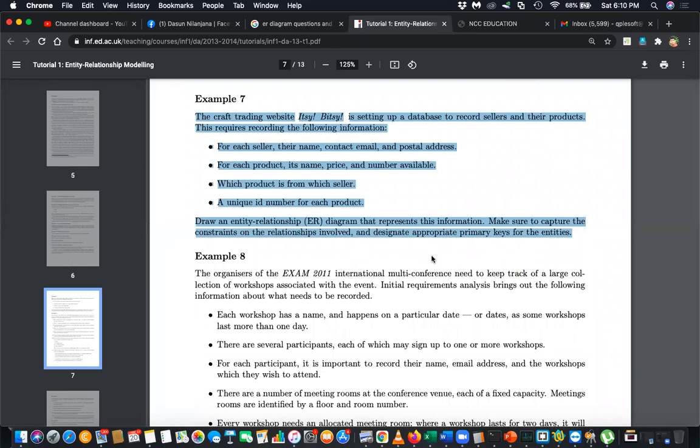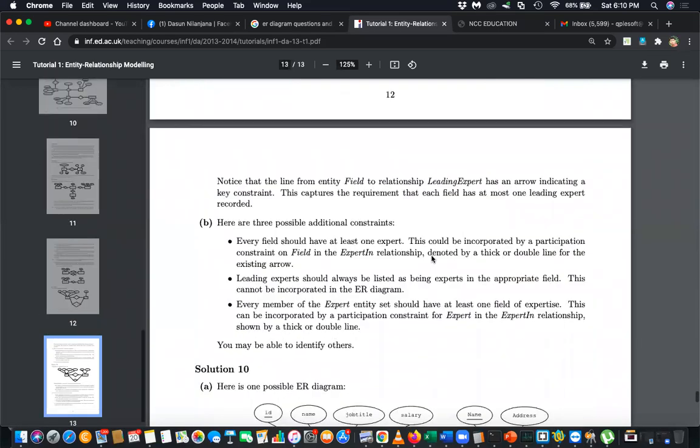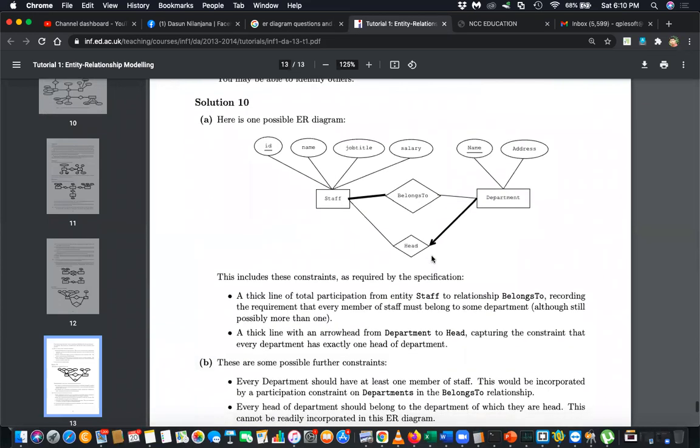If you cannot remember how an ER diagram is drawn, let's quickly go through a recap. Entities are created using rectangles, relationships use diamonds, and attributes are shown using ovals.